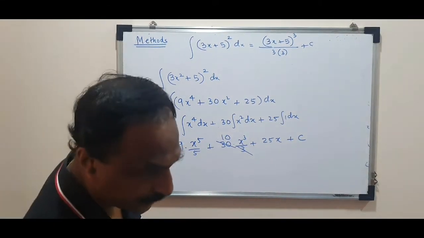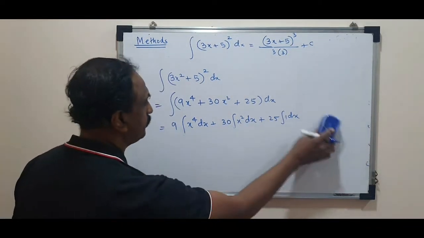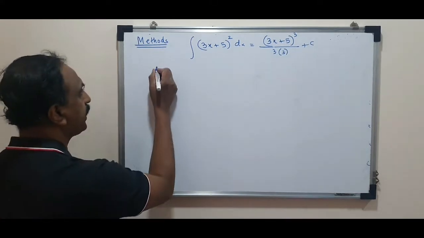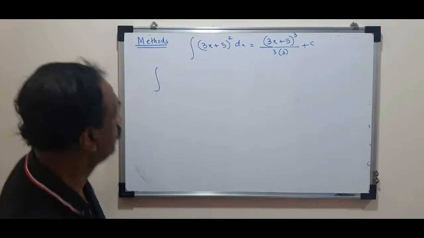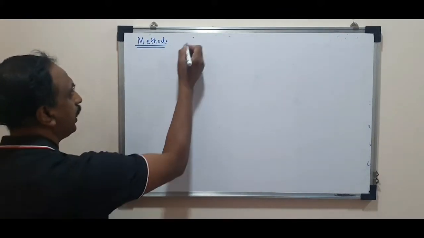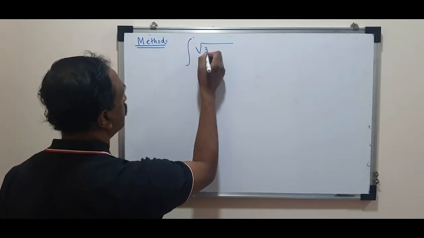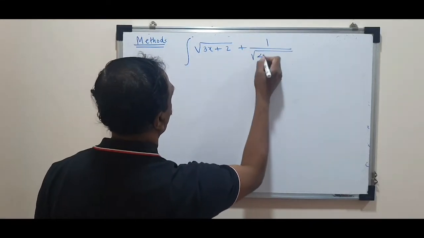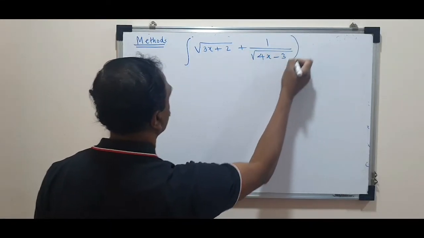Now let's see what I should do for this problem. Integral of root of 3x plus 2, plus 1 upon root of 4x minus 3, dx.